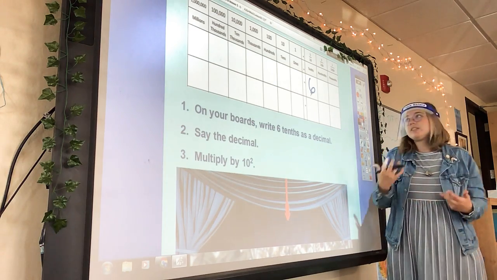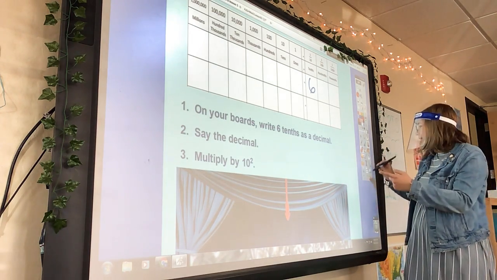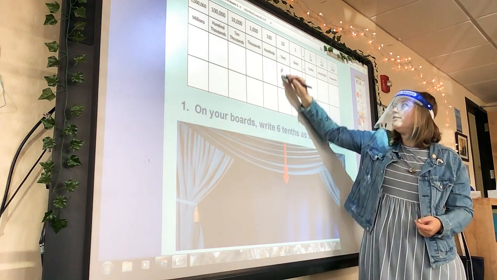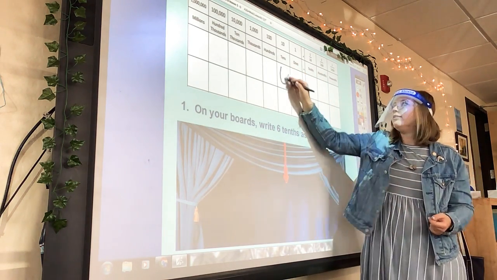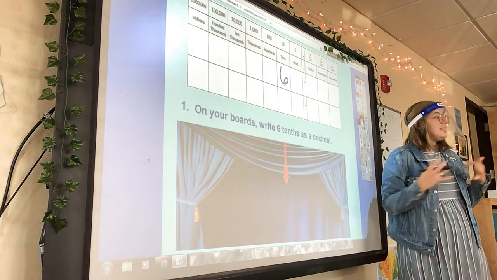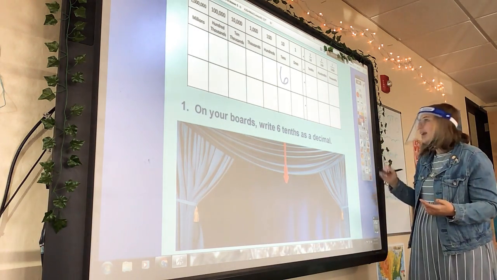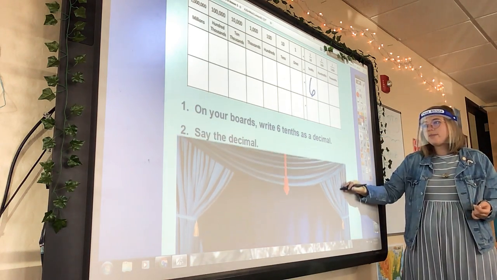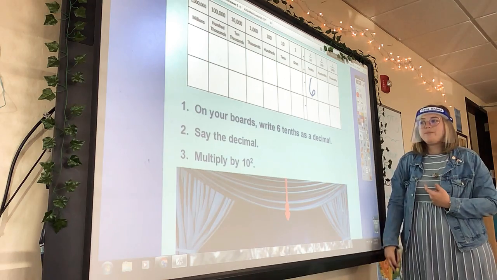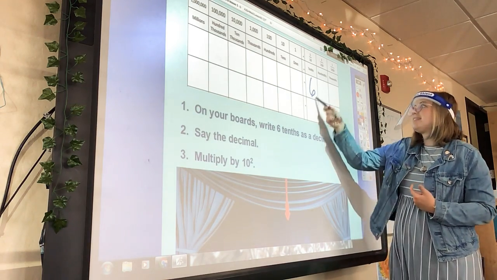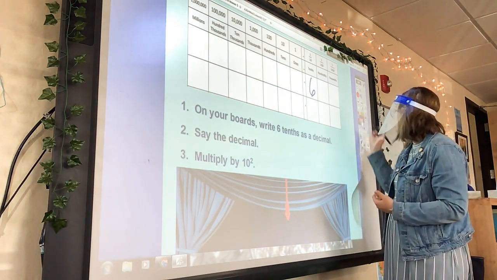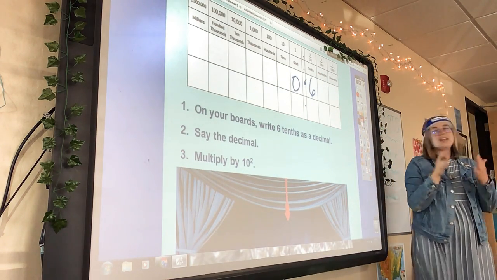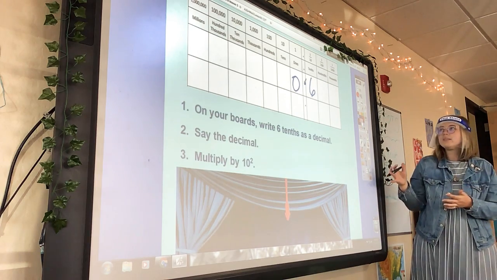Just like if that were to say 6/10s instead of tenths, it's the same thing, 6/10, the same kind of language. So I have 6/10 on my place value chart. The decimal can be 6/10, or you can say 0.6, because the decimal is between the ones and the tenths.